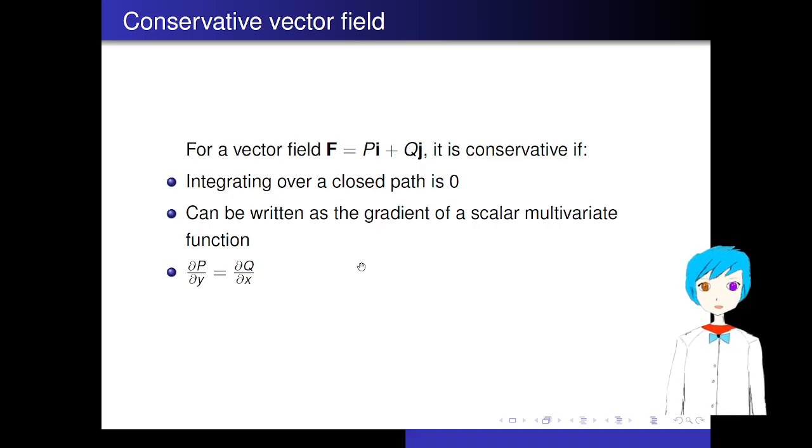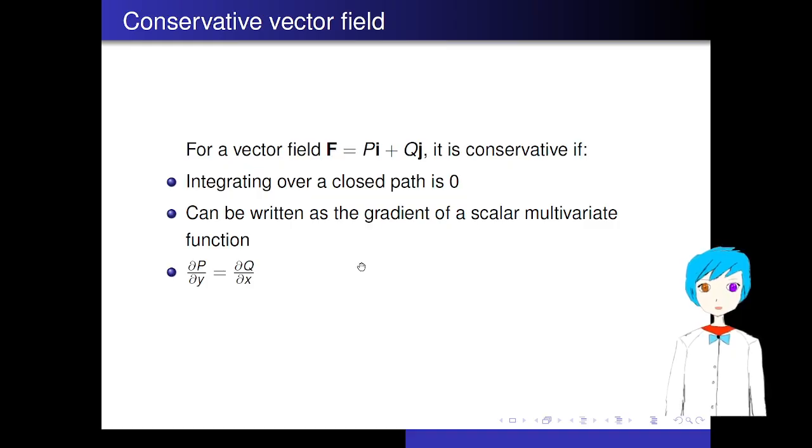For vector fields, we call it a conservative vector field if integrating it over a closed path, or over all closed paths in a domain, is 0. The second, equivalent condition is that it can be written as the gradient of a scalar multivariate function.